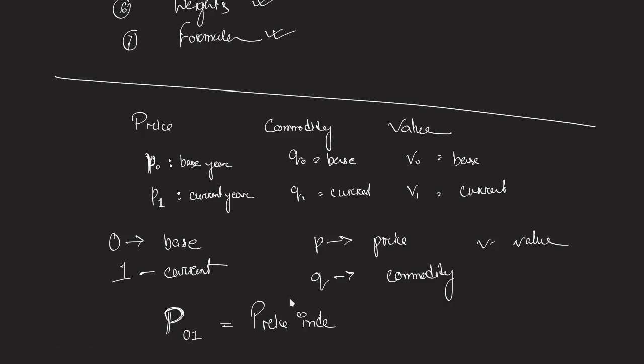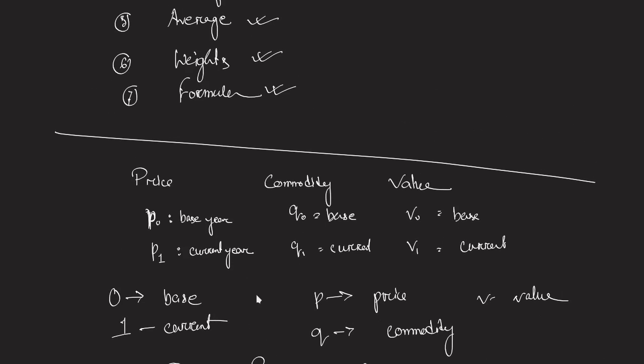So P01 মানে price index for current compared to base year, right? আগত যোনটো আছে হেতু base year, পিছত যোনটো আছে হেতু current year. So capital P means price.